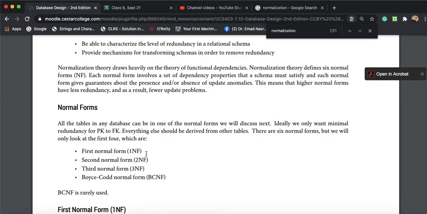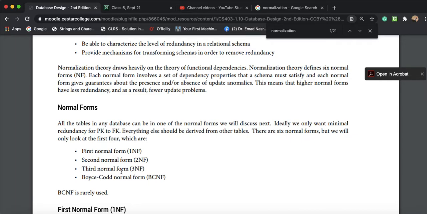The scientists of databases found there were problems in the design, so they made something called first normal form to enhance the design. Then they found even the first normal form still has problems, so they made normal form 2, or the second normal form. They found the second normal form still has problems, so they made the third normal form.